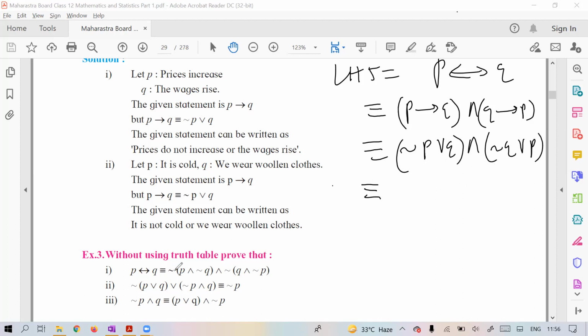You take one negation outside, and negation of negation is the same statement, so you put one more negation here. So it will be P and not Q. You are taking negation outside, that's why. And you take one negation from here also outside, so Q and not P.